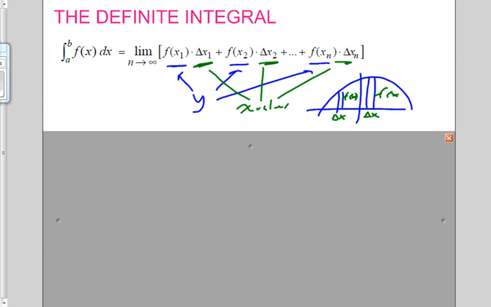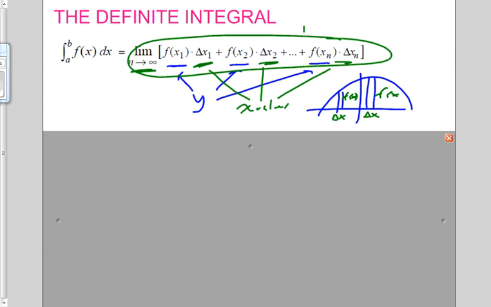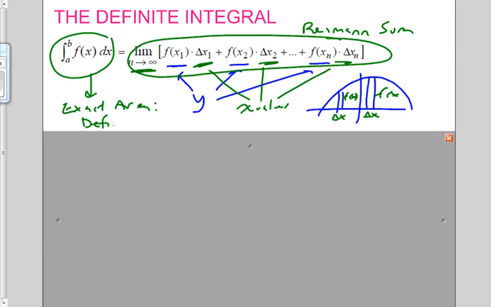So it's base times height. We're just finding the area of a rectangle. But what we're doing is letting the number of rectangles approach infinity. And when that happens, this Riemann sum, which approximates area, becomes an exact area through my definite integral.